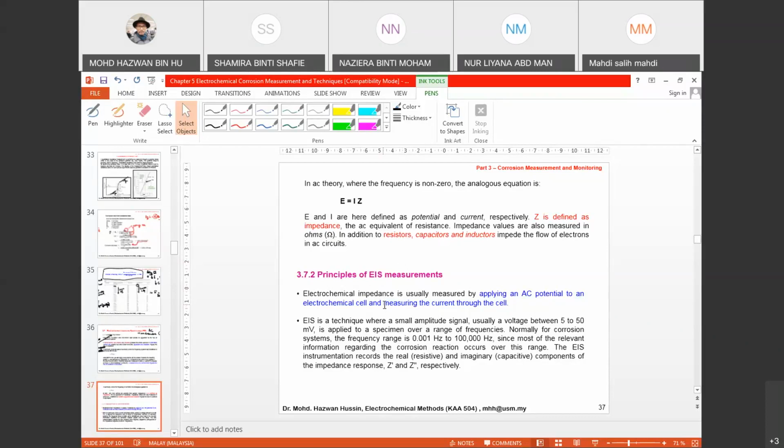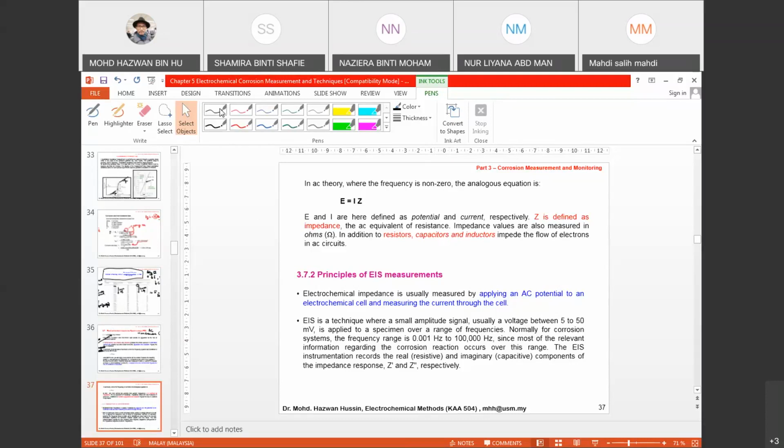Principles of EIS measurement. Electrochemical impedance is usually measured by applying an alternating current potential to an electrochemical cell and measuring the current through the cell. In the EIS technique, a small amplitude signal, usually a voltage between 5 to 50 millivolts, is applied to a specimen over a range of frequency.